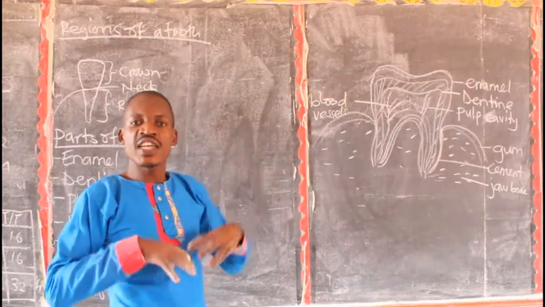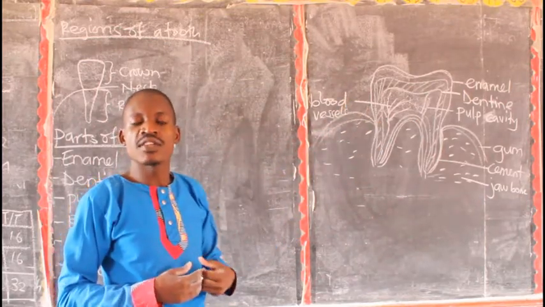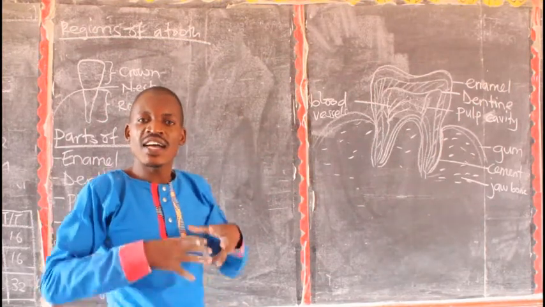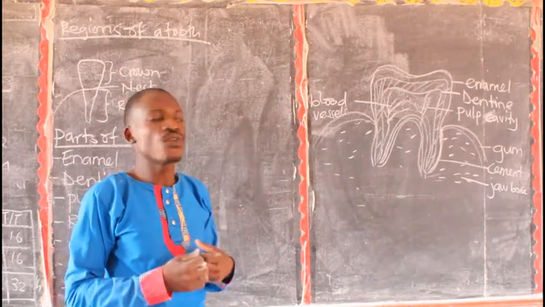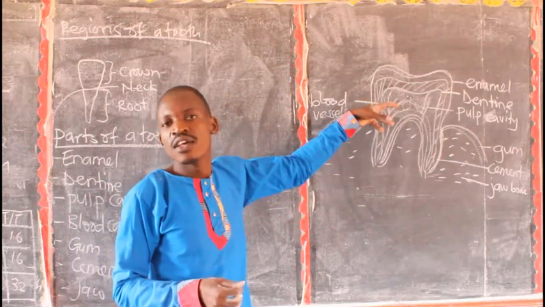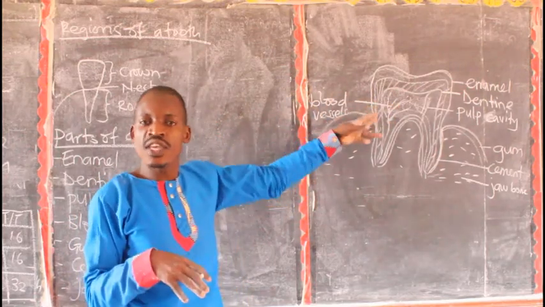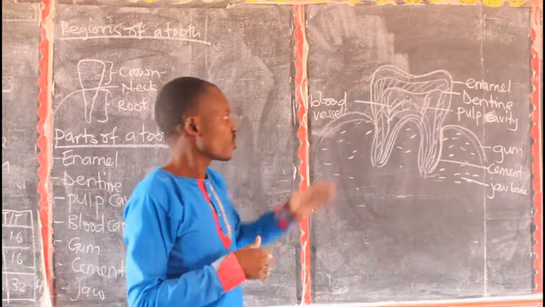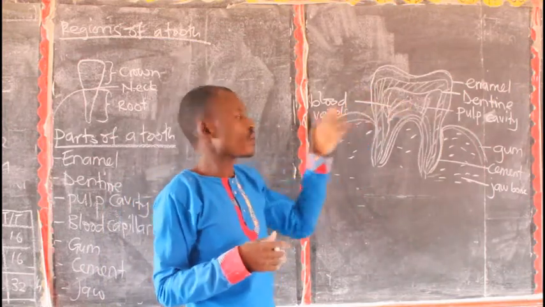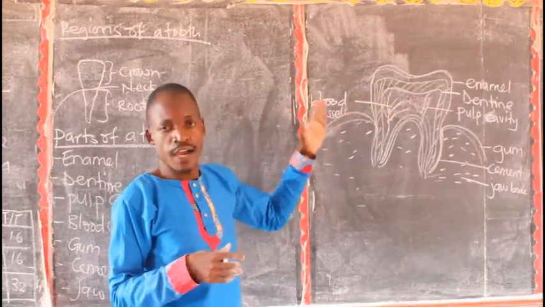Even the food you eat, after digesting in the stomach, in the digestive system, the blood carries this oxygen and digested food up to the tooth. All your body parts receive the food we eat and the oxygen. So even the tooth gets that food through the blood vessels or capillaries.